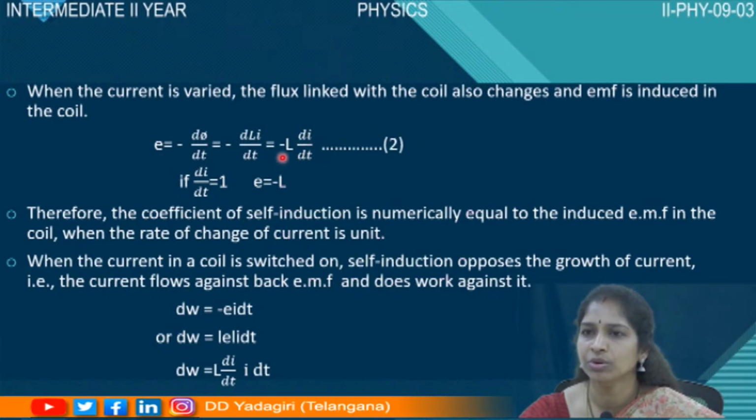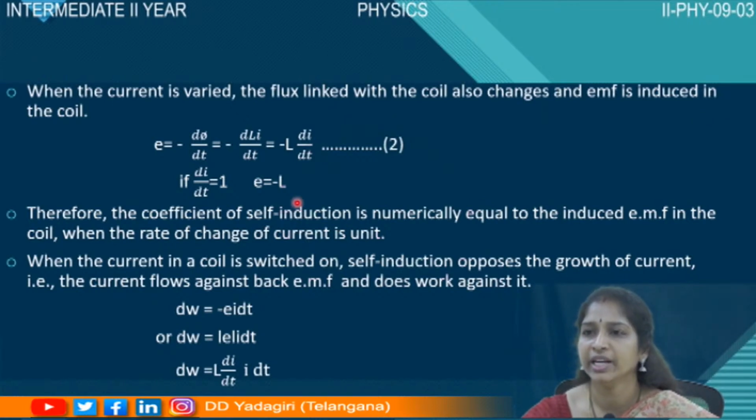E equals minus L. If I take out this minus, because it anyhow indicates the direction of EMF, the magnitude of EMF is L only. So the self-inductance is equal to EMF when the rate of change of current is unity. That is the definition for the coefficient of self-induction.